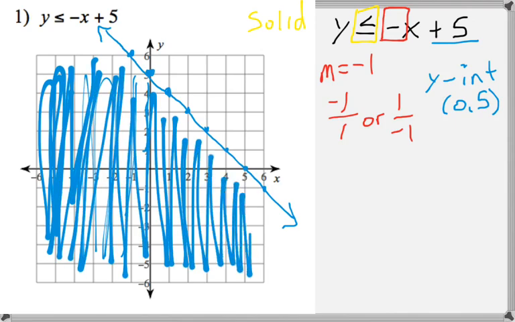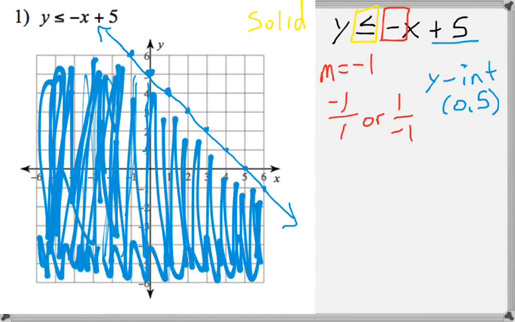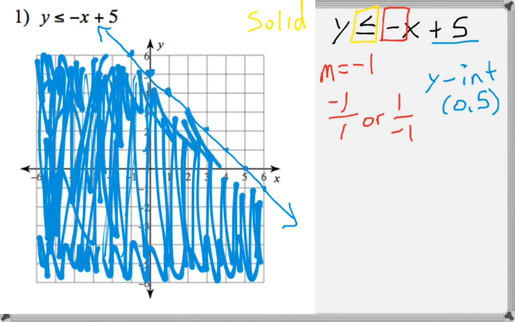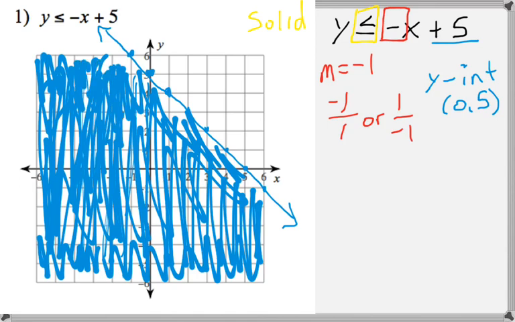With a pencil, it's going to look a lot better on your paper than it does on my screen, but you need to neatly shade in the entire part of the graph that is below that line.